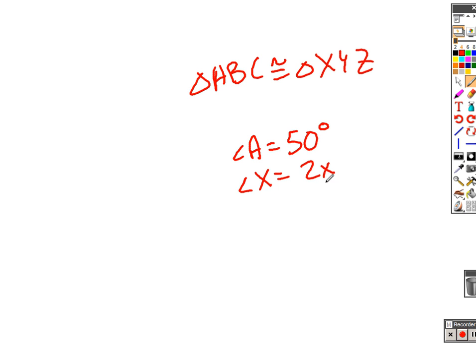Well, I know angle A and angle X are in the same spot in that congruence statement. That means they must be equal to each other. Angle X and angle A must be the same. So I can just set up 50 equals 2x, which means 25 would be my answer for x.